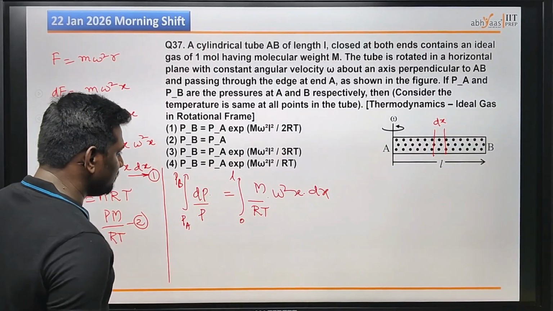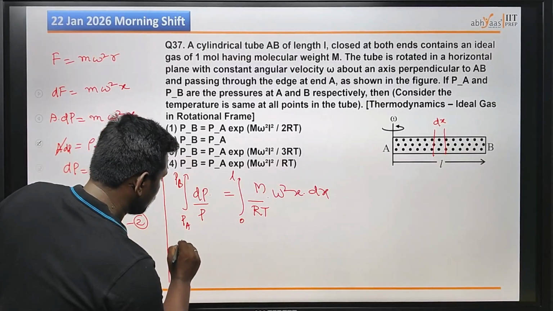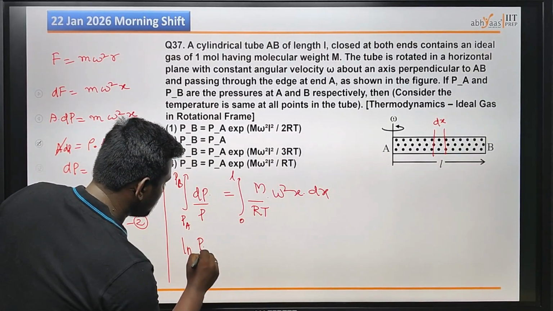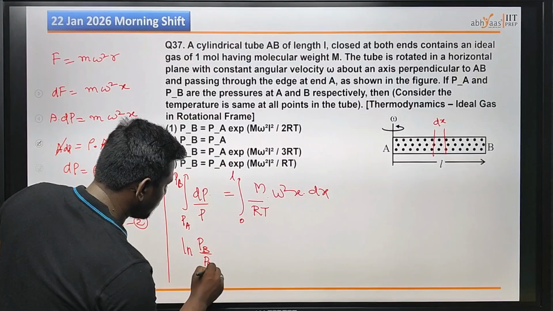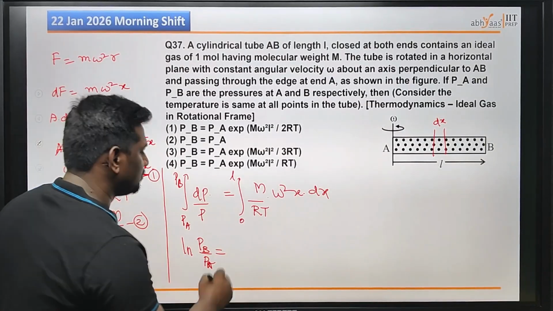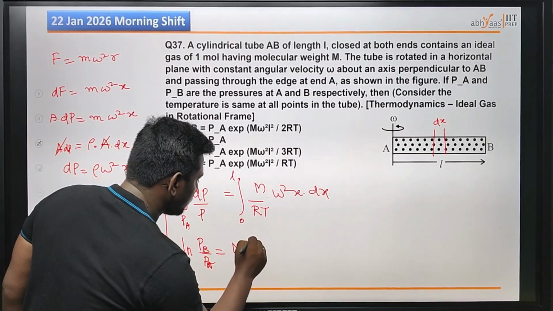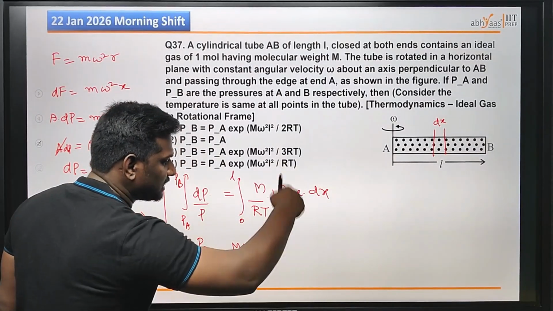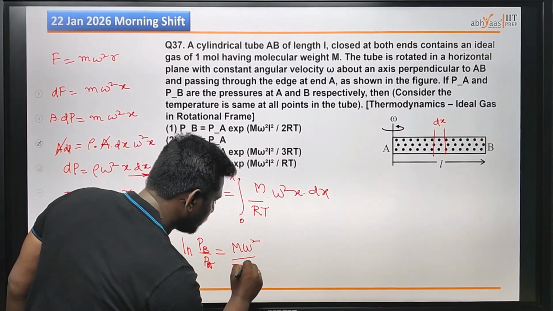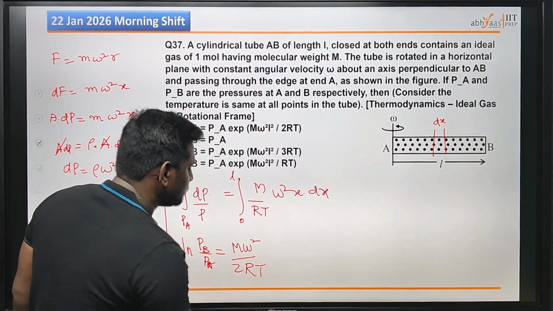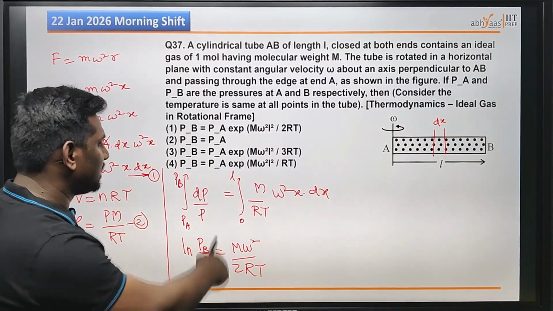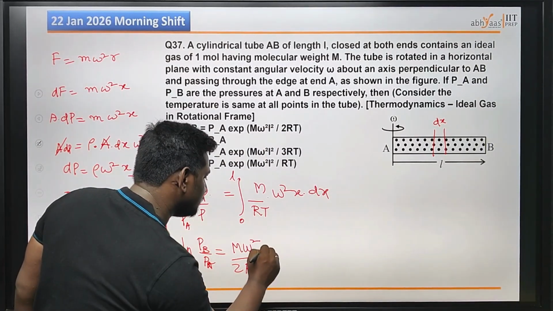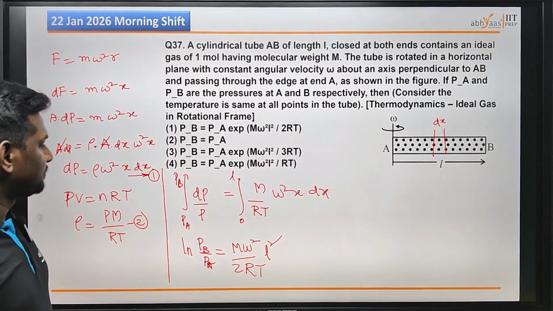So if you substitute the values, you will get log PB by PA equal to m omega square by RT into the integral of x square by 2, so I am writing here 2RT. x square means L, you have to substitute L, that means L square.